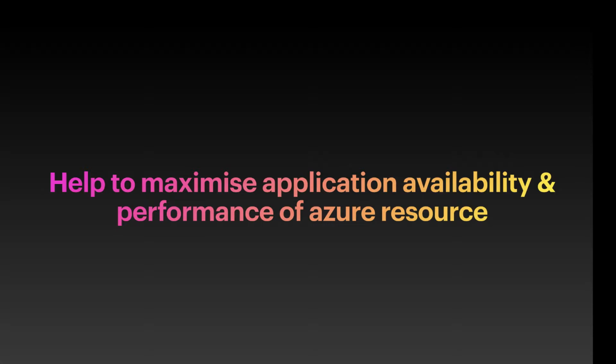It's not restricted to Azure resources; it also collects telemetry information from non-Azure resources, such as resources hosted in other clouds like AWS or Google, and also from on-premise resources such as an on-premise virtual machine. It collects that data and helps you out.